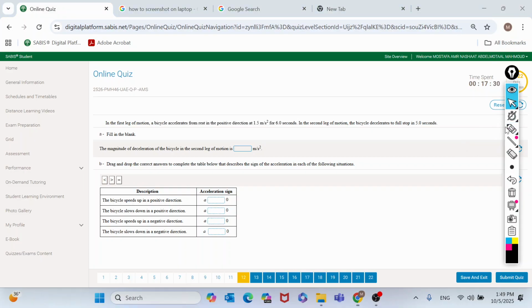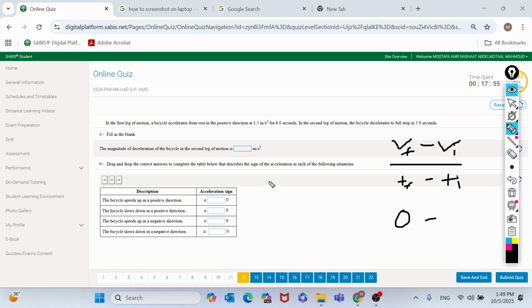So the way you find deceleration is V final minus V initial over T final minus T initial. What's V final? 0, because it stops. V initial we don't know. We need to solve it.